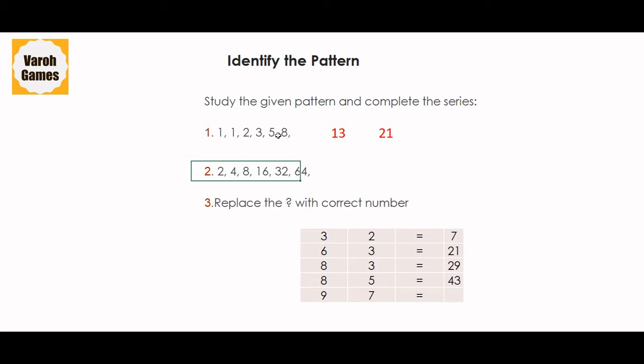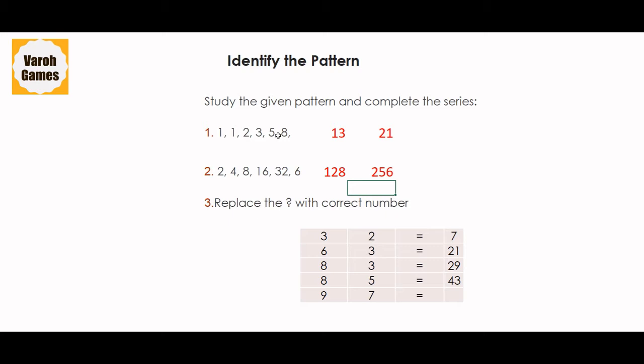So over here, all the previous numbers are getting multiplied by 2 to get the next number. So the next one should be 64 into 2 is 128. And the last one should be 128 into 2 which is 256. So yes, we have been able to solve our first two patterns.